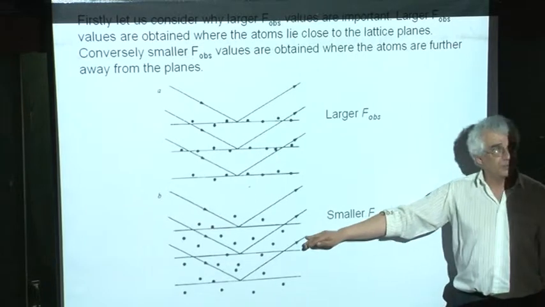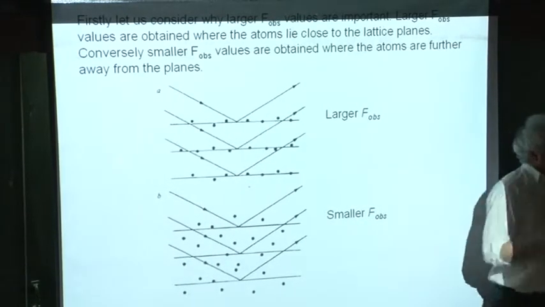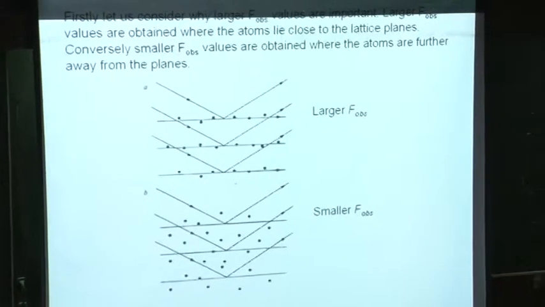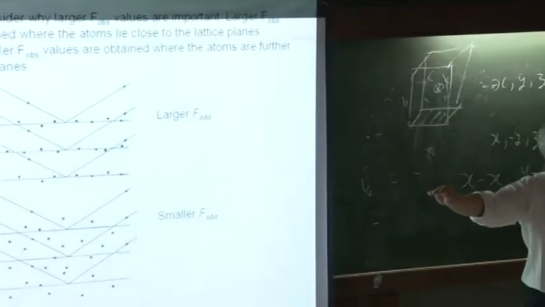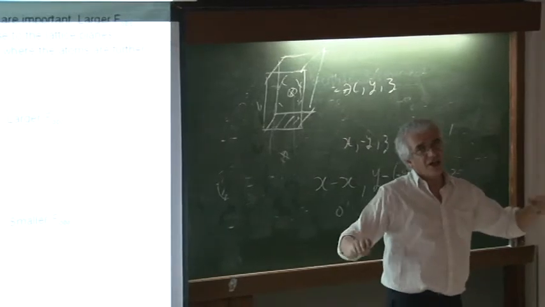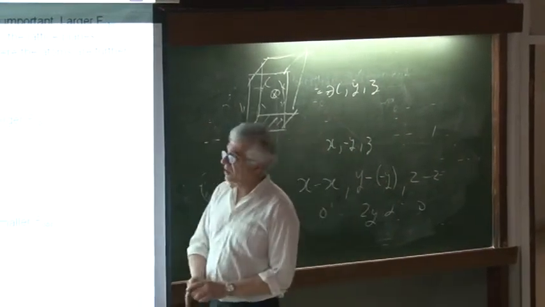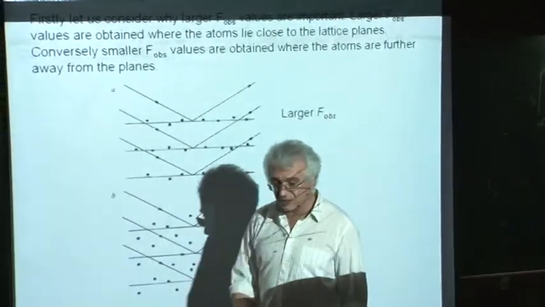So here we have a smaller FOBs, here we have a larger FOBs. The larger ones are telling us that the atoms are close to these planes. We already know the positions of those planes, so we already have some idea about the positions of the atoms in the structure. So these ones are more important than these ones, for obvious reasons.